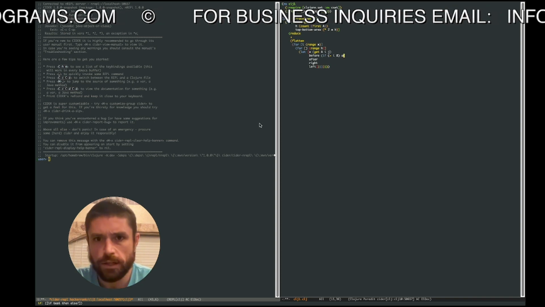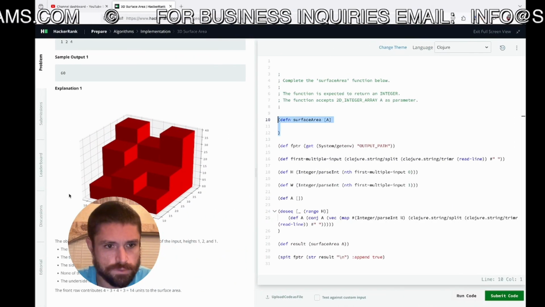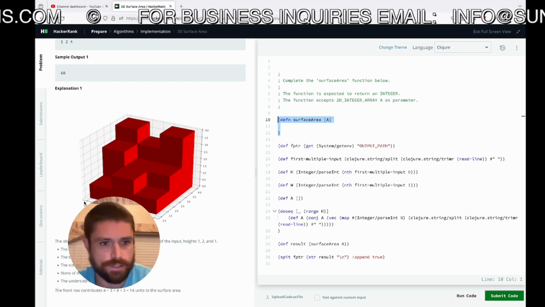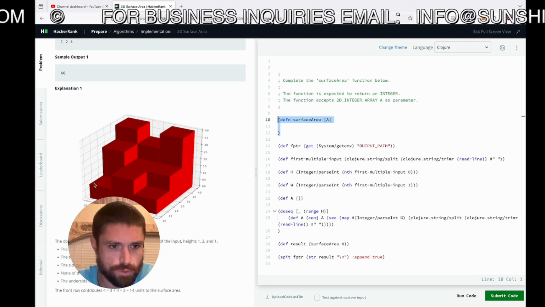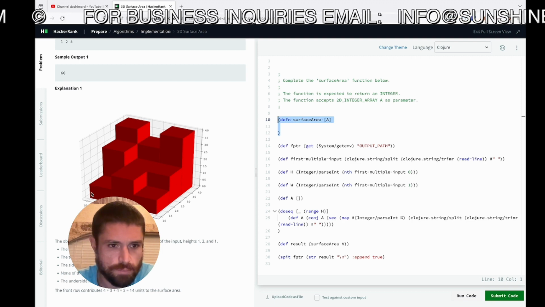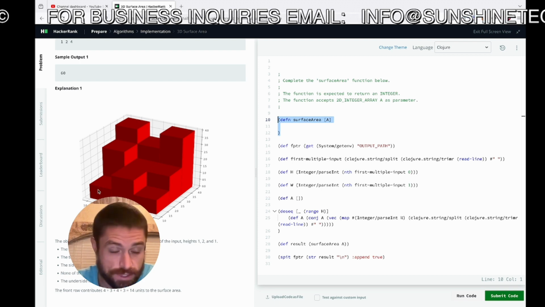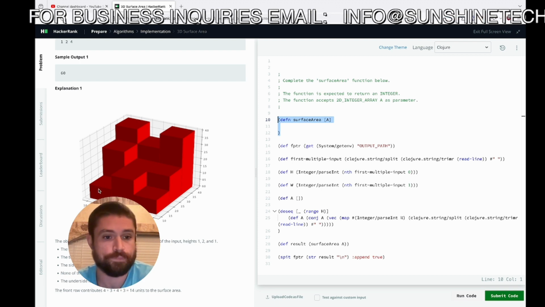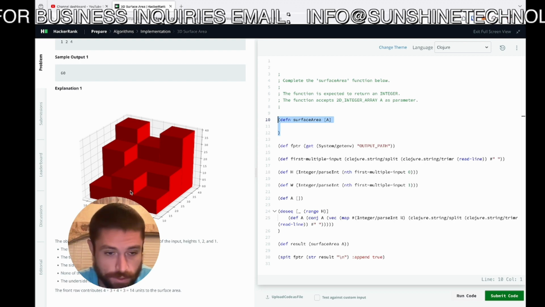And now if I is not 0, so we'll call this the I-axis, and when I is not 0, the contributed surface area is going to be the height A minus the height of the previous column. And in the case that the previous column is higher, it's going to be 0.